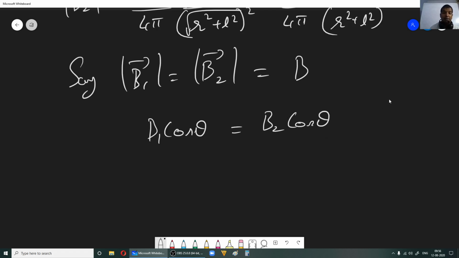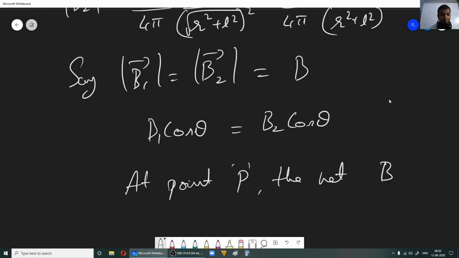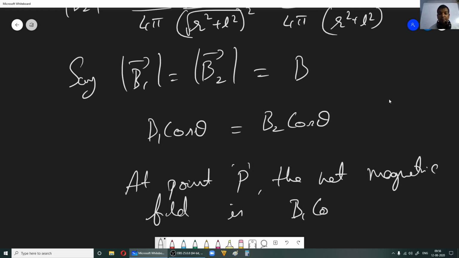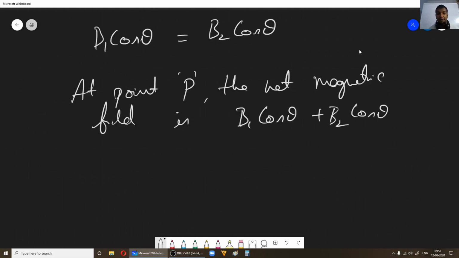Now at point P, the net magnetic field is B1 cos theta plus B2 cos theta. We have assumed the magnitudes of B1 and B2 to be the same.